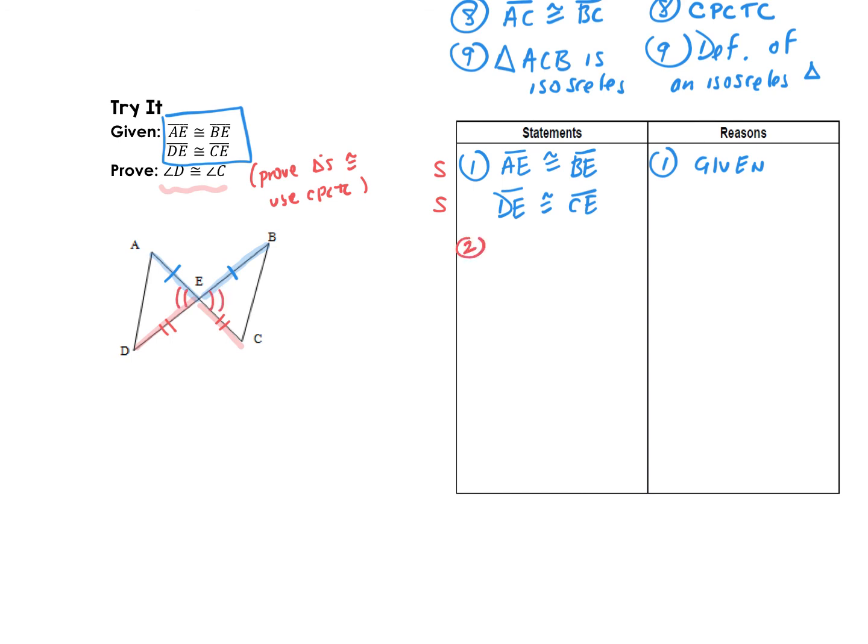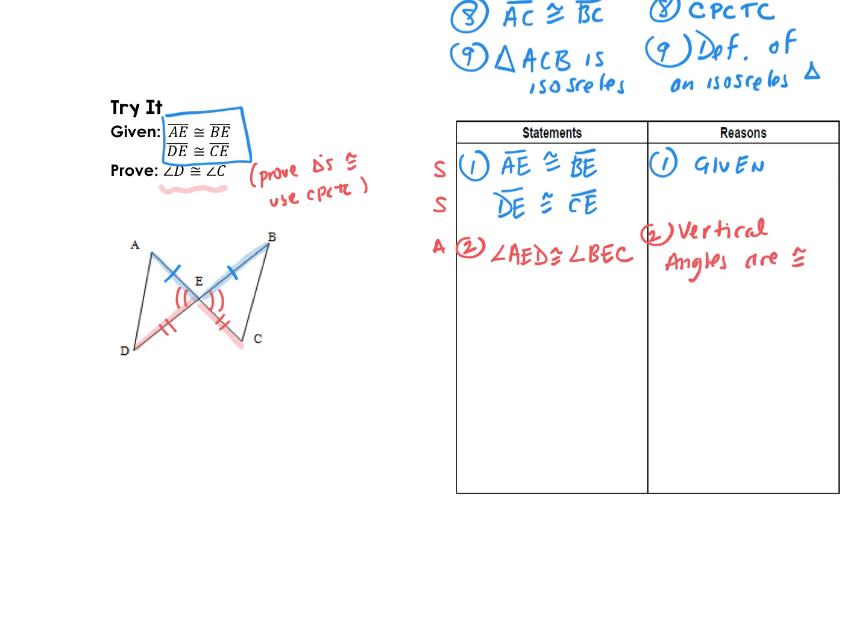So that's what we're going to do on line 2. We're going to get a pair of congruent angles by saying angle AED is congruent to angle BEC. And again, that's going to be vertical angles are congruent.